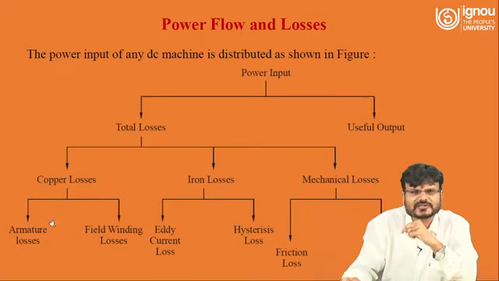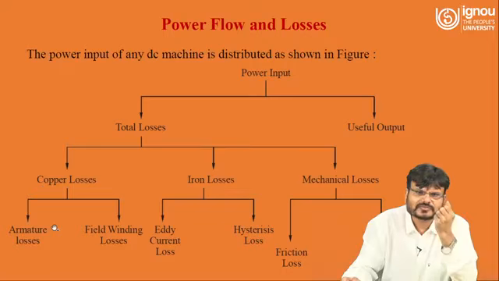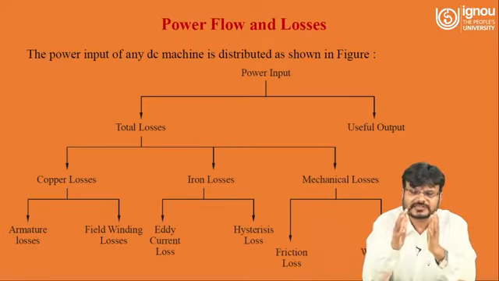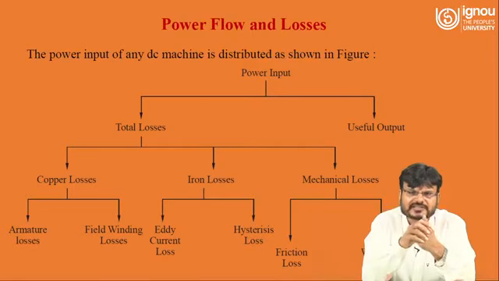These copper losses again can be classified as armature losses and field winding losses. Copper loss is basically I square R losses. That means if current is flowing through the winding in the armature, this I square into RA will increase, and I square into RSH will increase.